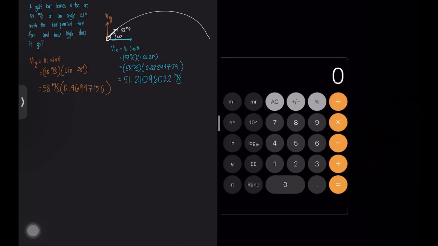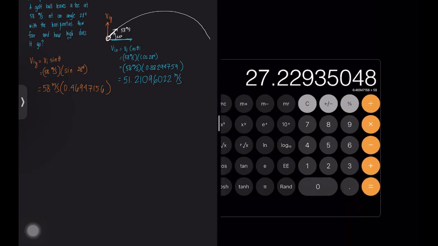Please try to solve it yourselves so you really get where it comes from. So 0.46947156 times 58, the value of your y component is 27.2293548 meters per second.